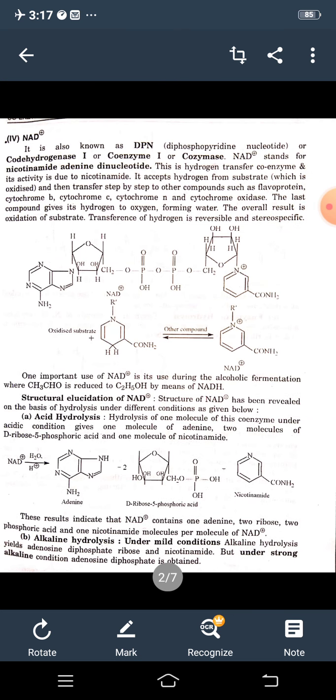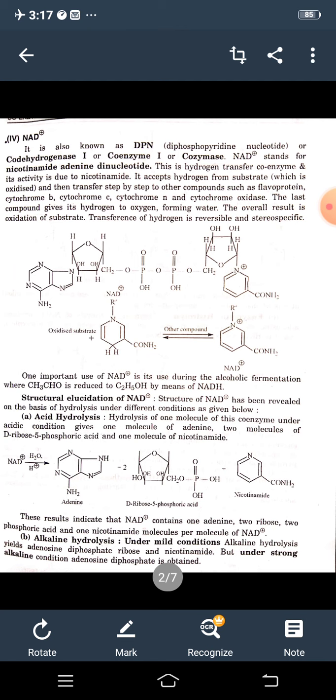NAD+ means nicotinamide adenine dinucleotide. It is also known as DPN, diphosphopyridine nucleotide, or co-dehydrogenase first or coenzyme first. This is the hydrogen transfer coenzyme and its activity is due to nicotinamide.